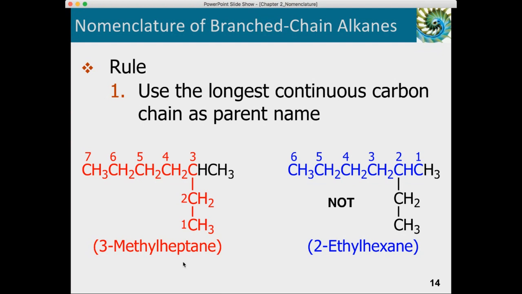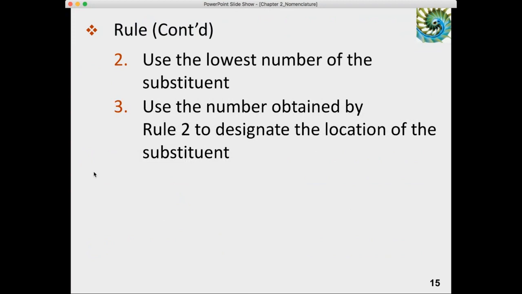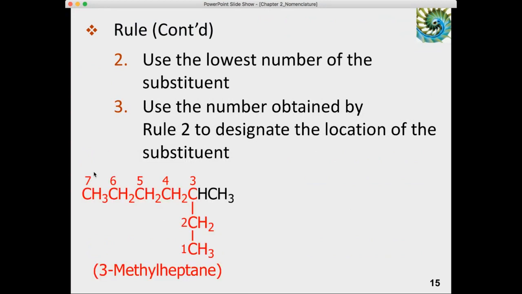Now we need to look at how we name the substituents to the parent chain. So the second rule is, once we have determined the parent chain, the longest carbon chain, we need to number the carbons. Obviously, you can assign number 1 here on the bottom or number 1 on the other end of the carbon chain. So what is the criteria for that? We number the carbons in such a way that the substituents will get the lowest possible number.